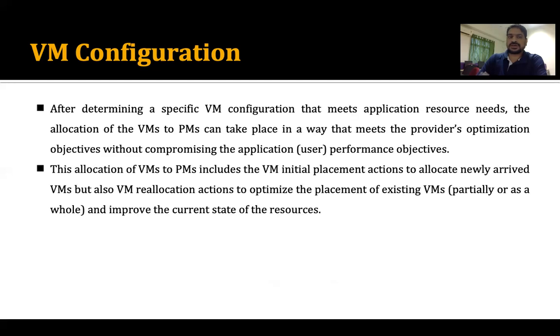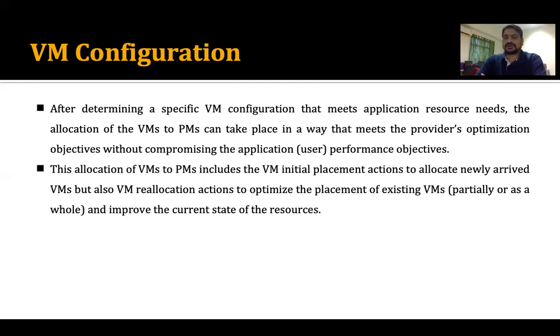So this is the first step of virtual machine to physical machine mapping. After determining the specific virtual machine configuration that meets application resource needs, the allocation of virtual machine to physical machine can take place in a way that meets the provider's optimization objective without compromising the application performance objective.